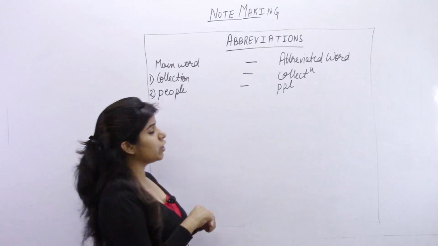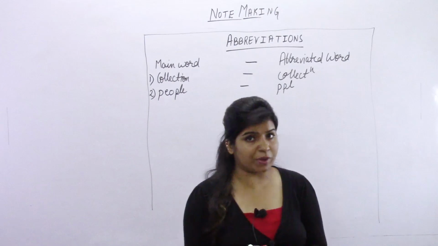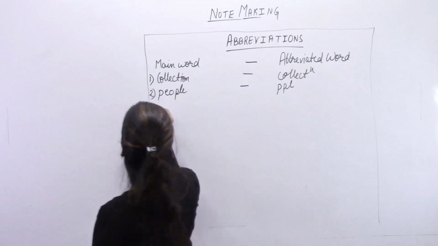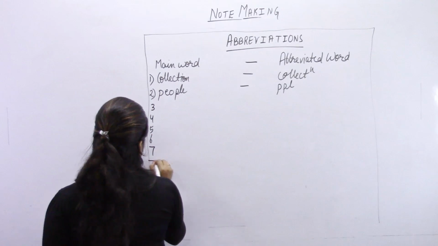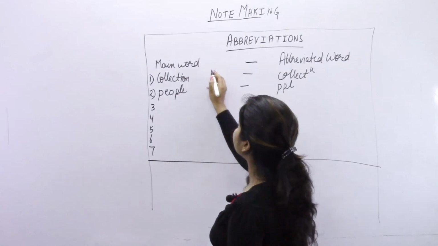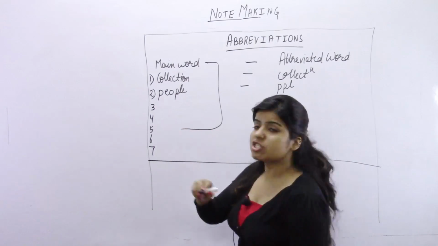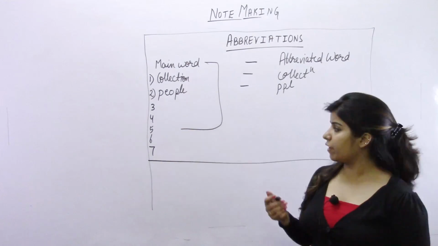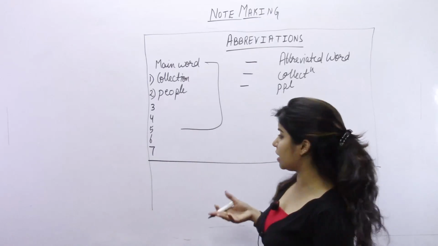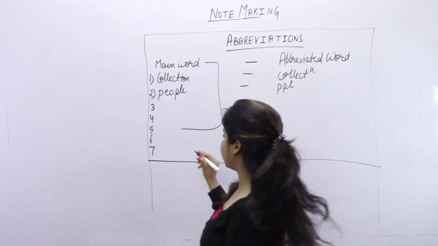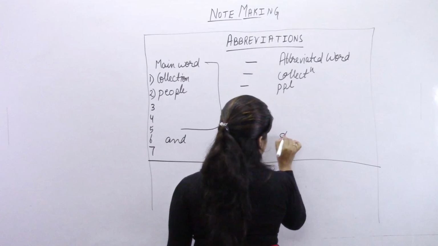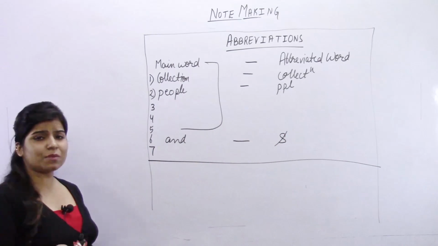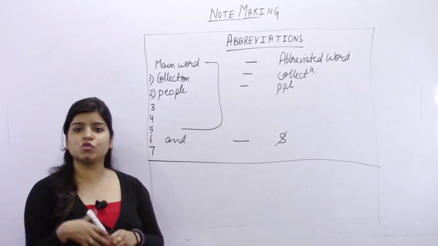The same way, you have to create some new innovative 5 abbreviations. You can go for 7 abbreviations, but keep in mind that 5 of the abbreviations must be your own and original. By originality I mean, like the word I used over here and abbreviated like this is a very common abbreviation which is used by everyone.